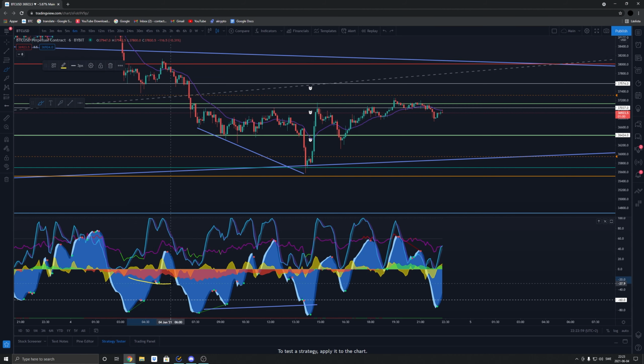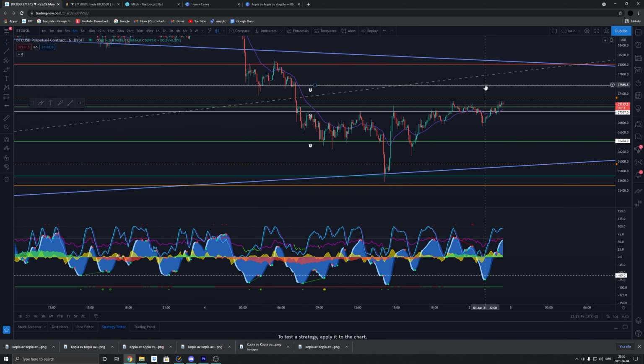Here's the thicker wave, and then it goes slower, then slower, then slower. That's another sign of a reaction, because when money flow is curving up, it's about to turn green. So basically money flow is coming in.